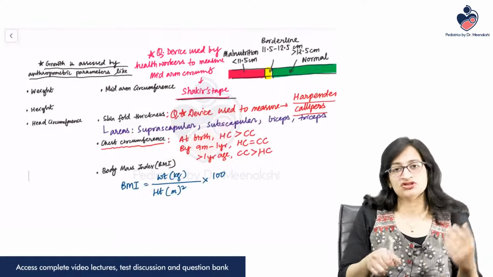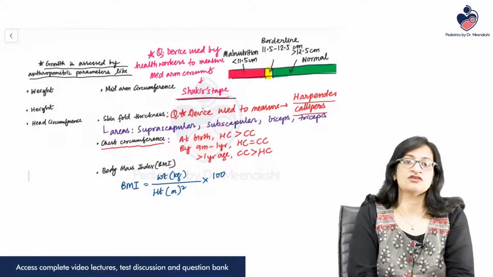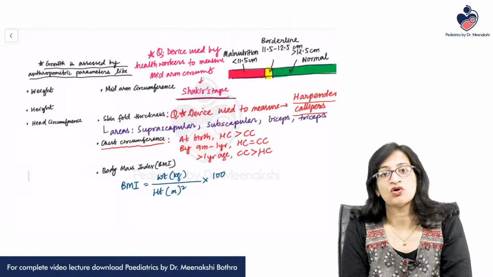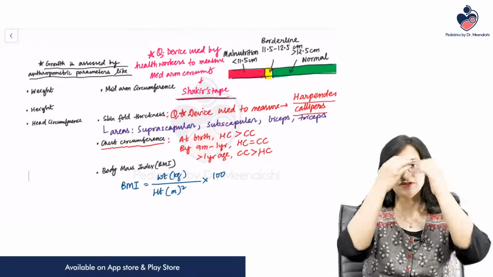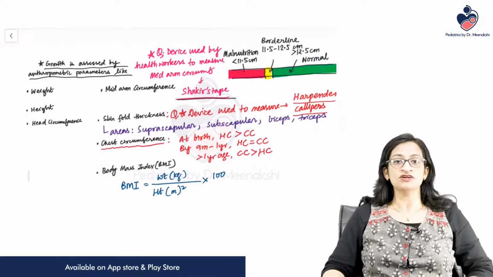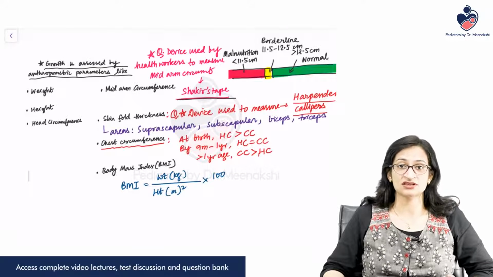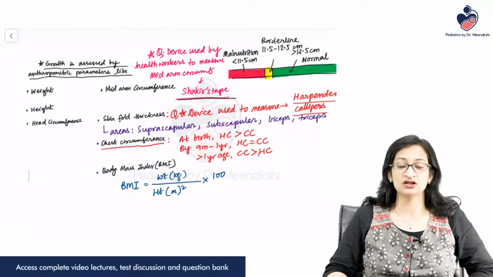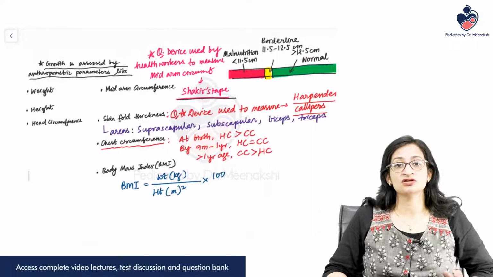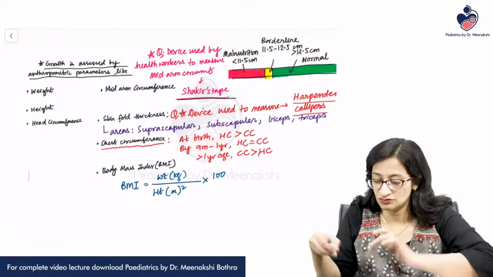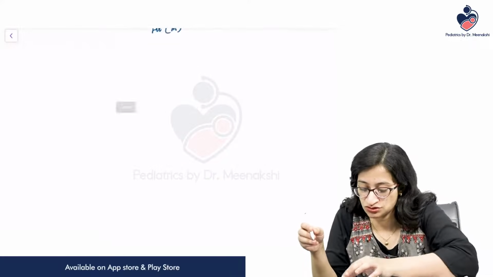Now, what if you measured the weight or height or head circumference of the child? How do you know whether it is normal, or less than expected, or more than expected? What we do is we use something known as growth charts to assess that. So we need to know a little bit about the growth charts before moving ahead.